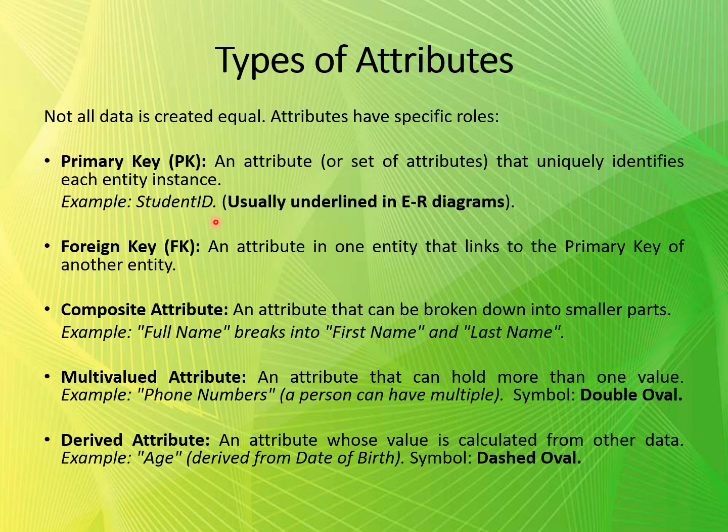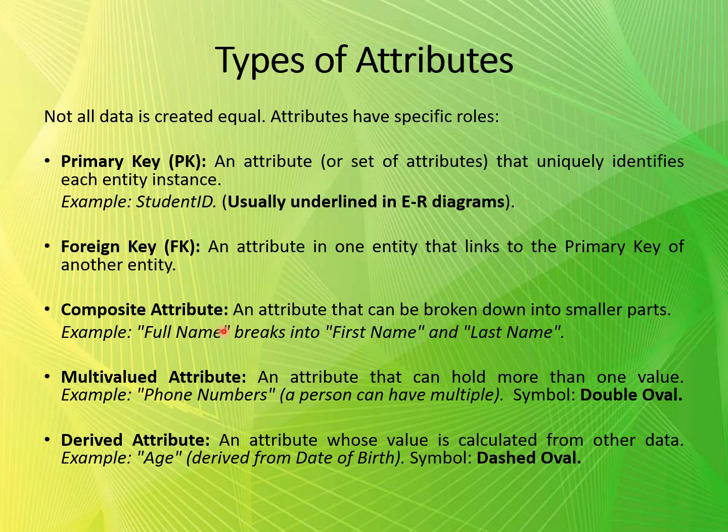For example, student ID is a primary key in a student table. Usually, we represent primary key underlined in ER diagrams. Foreign key, it is an attribute in one entity that links to the primary key of another entity.